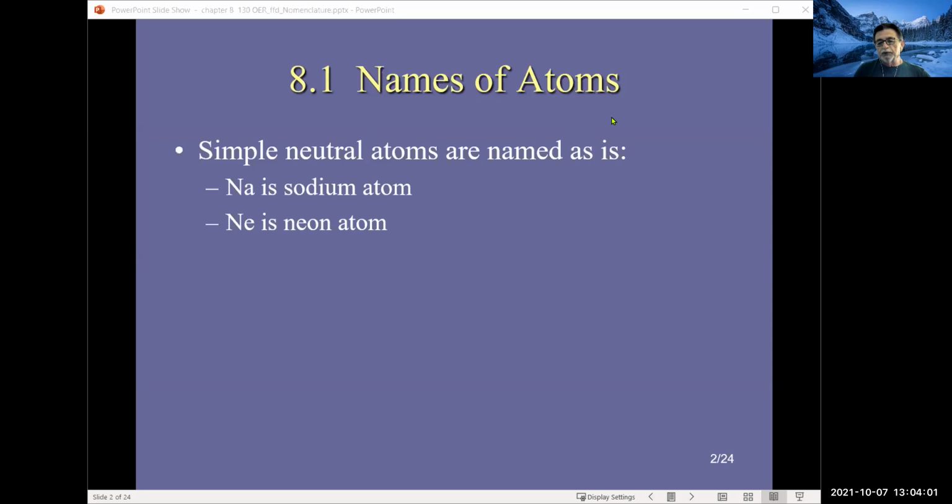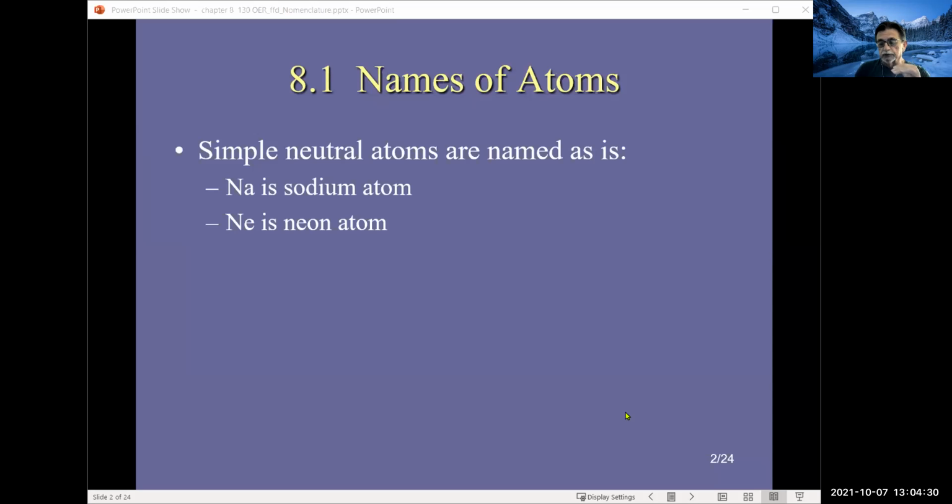All right, so with respect to atoms, they simply have a straightforward name. Na is the sodium atom, and Ne is the neon atom. Notice we use the term atom, because you have two types of sodium. For example, you have the sodium atom, which is the element, and the sodium ion, that is the sodium element that has lost one electron.